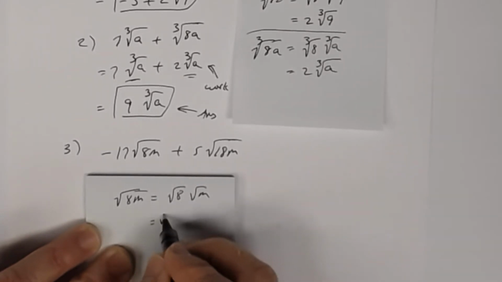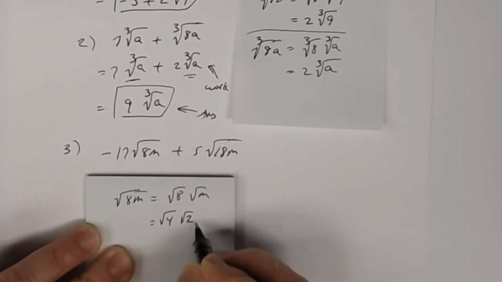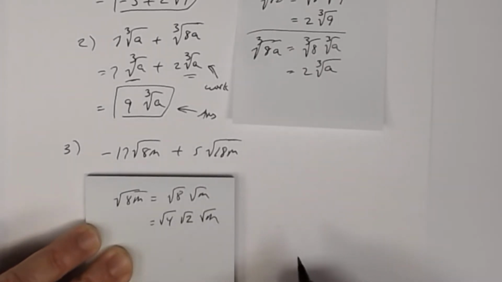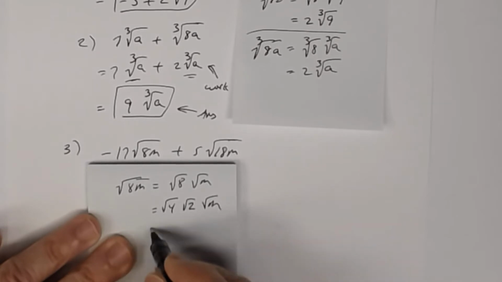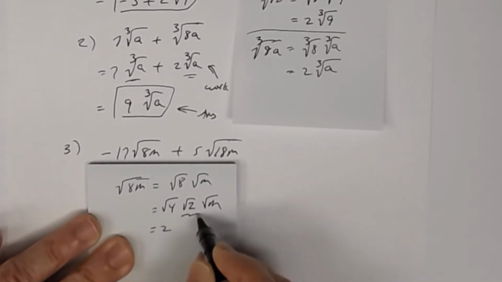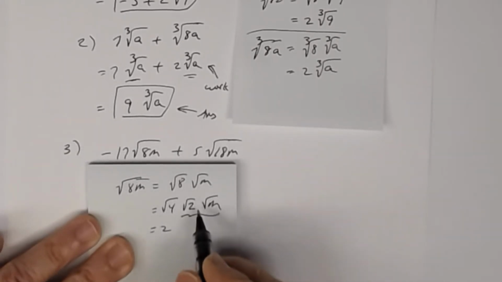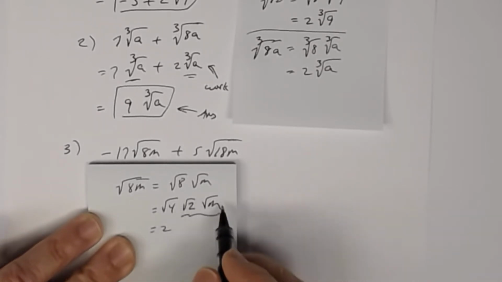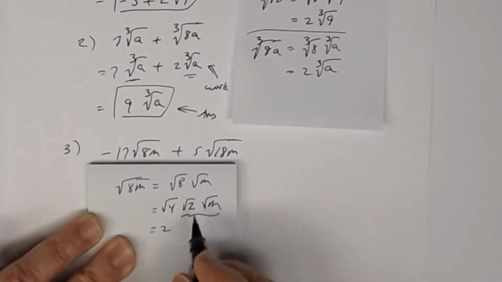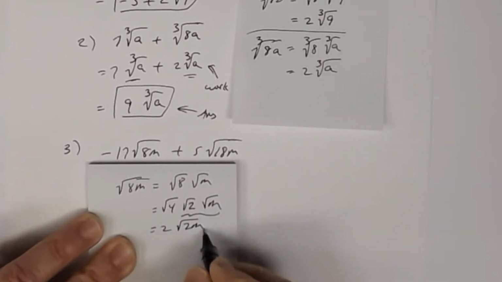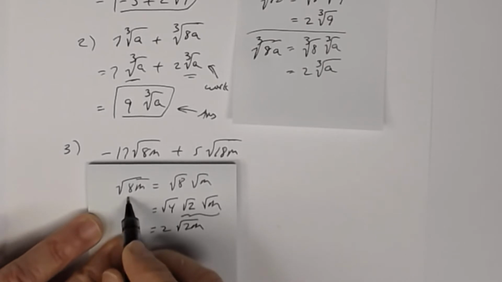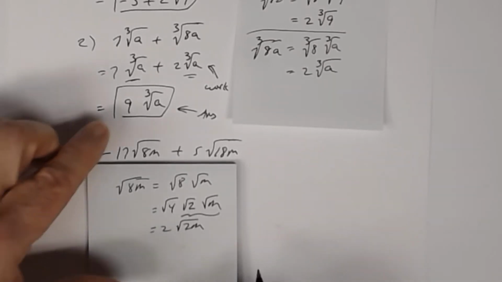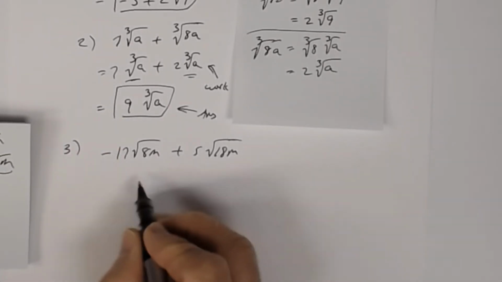So this becomes the square root of 4 times the square root of 2 times the square root of m. And the square root of 4 is 2. And then notice the product rule: when you multiply two radicals and the indices are the same, you can multiply the radicands together. So this becomes the square root of 2m. So the square root of 8m is this.